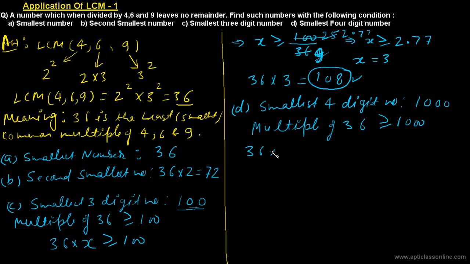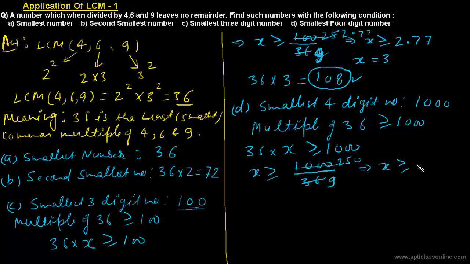So we are trying to get 36 into, say it is the xth multiple, which has to be greater than or equal to 1000, or x is greater than or equal to 1000 by 36, that is 250 by 9. Dividing, 9 twos are 18, then 70, 9 sevens are 63, then again 70, then 27.7.